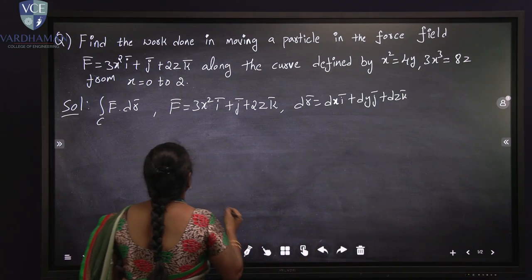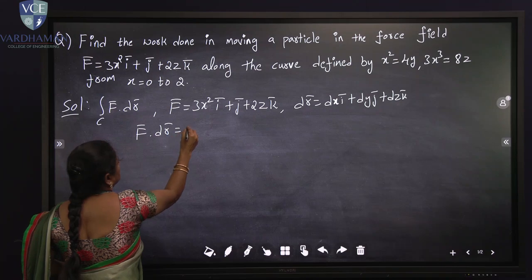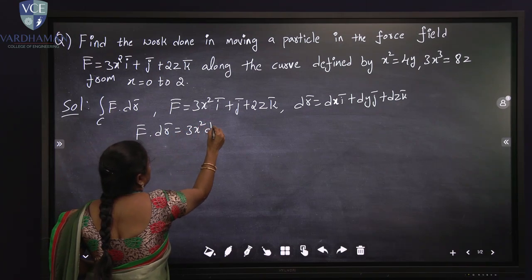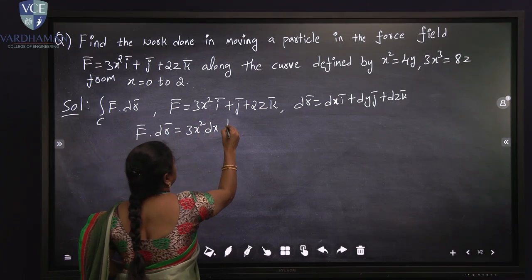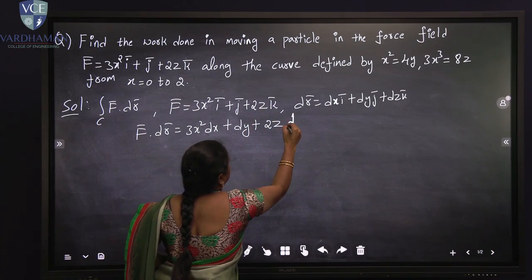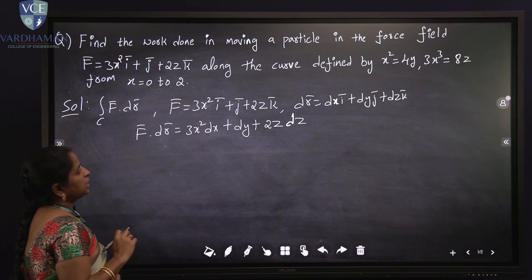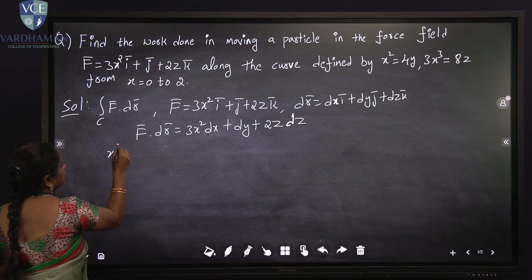So, if we do the dot product, F bar dot dr bar equal to 3x square dx plus dy plus 2z dz.